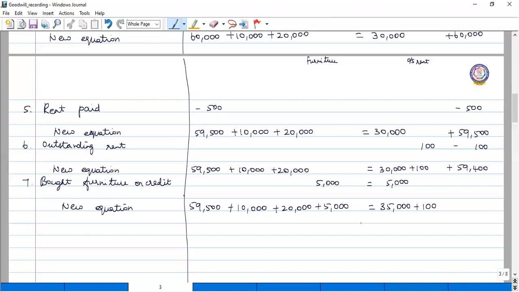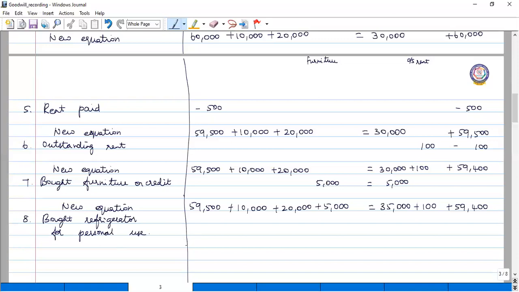Okay. Now transaction number 8. Bought refrigerator for personal use. So cash is taken to purchase furniture for personal use, which means it is a drawing. Okay. So we can write the transaction as bought refrigerator for personal use. Okay.